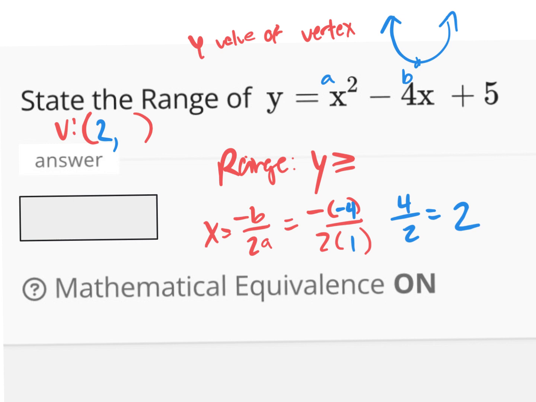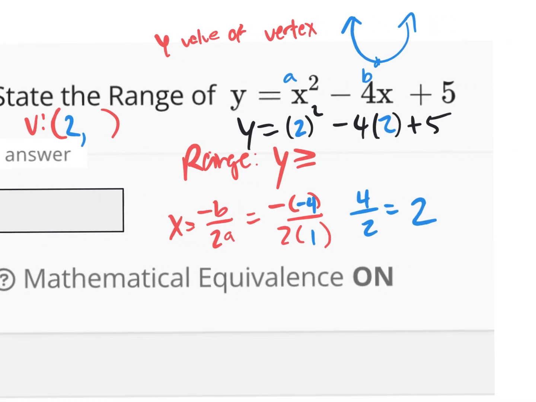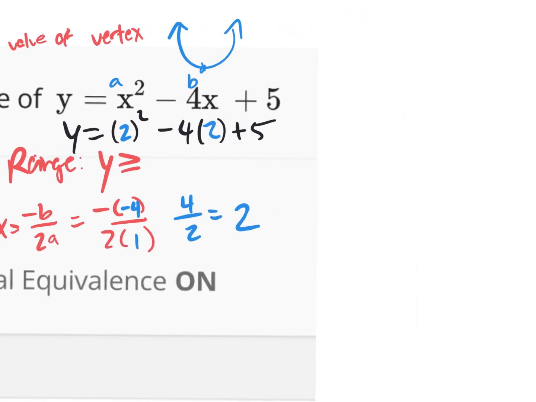To do that, we're going to go back and replace the x's with parentheses and plug in that actual value of 2 right into those parentheses. So you put a 2 right there and a 2 right there. And if I do exponents first, which I'm supposed to, that'll give me a 4.